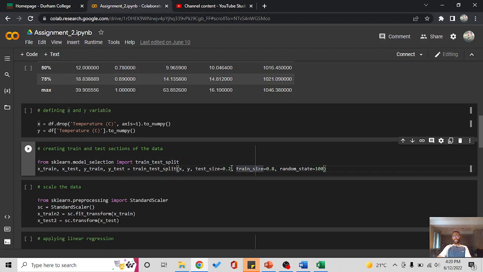And similarly 80% of y is going to be used to train the model, and 20% of y is going to be used for testing. Random state is again an optional parameter, but if two people are doing the same algorithm and they want the same results, they would want to have the random state equal.